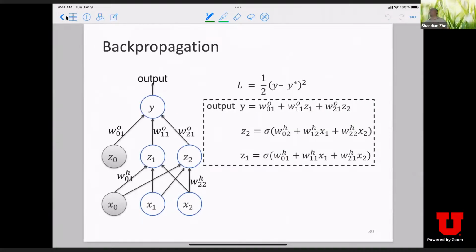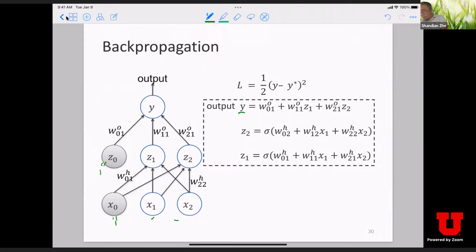So next, we're going to use this graphical representation and chain rule to do the gradient calculation of the neural network's loss, right? So suppose for a particular input x1, x2. Remember, x0 here is 1, and z0 here is 1, it's constant, right? So through a forward pass, as we discussed in the last lecture, we compute the prediction y, right?